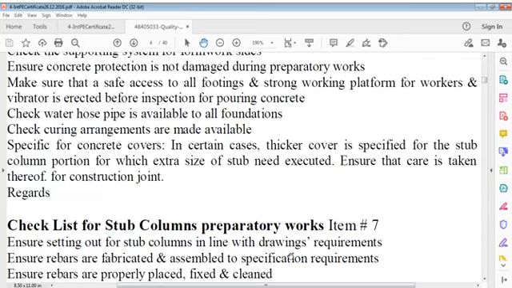Check curing arrangements are made available specific to concrete covers. In certain cases, a thicker cover is specified for stub column portions, for which extra size of stub needs to be executed. Got my point? I'll explain. Ensure that care is taken for construction joints.